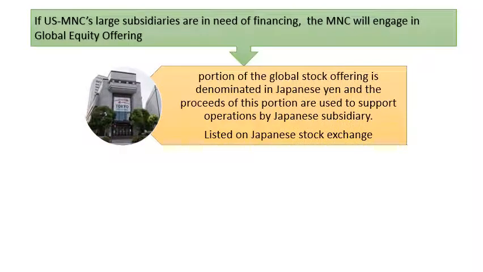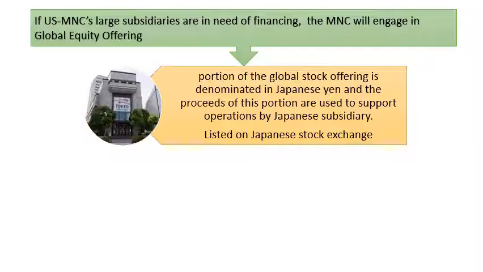For example, if the Japanese subsidiary needs funds, the United States multinational company can sell a portion of the global stock in Japan, denominated in Japanese yen, and the proceeds of the equity offering will be used to support the operations of the Japanese subsidiary.